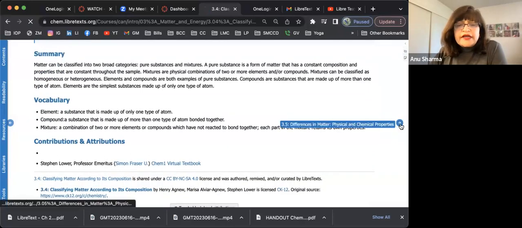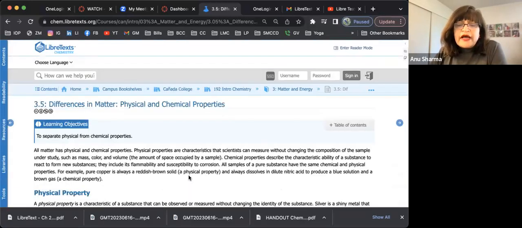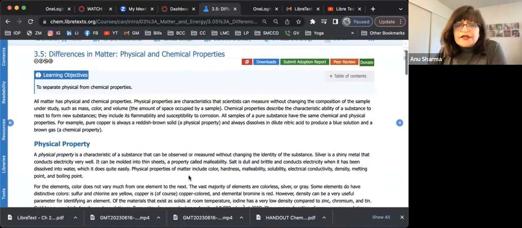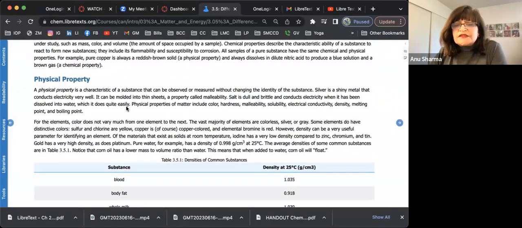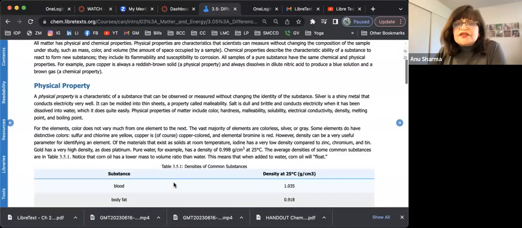Okay. Next we're going to look at the physical and the chemical properties. Physical properties of substances are what you can tell by looking at the physical characteristics of it, first of all by your senses: how it looks, smells, tastes, sounds, and how it feels when you touch it.